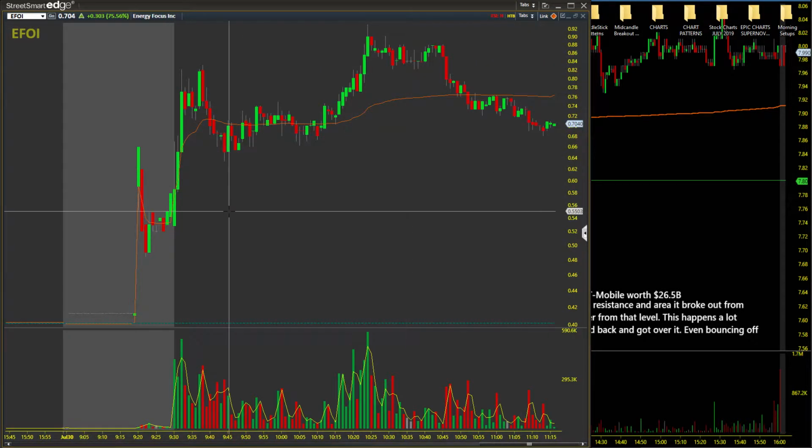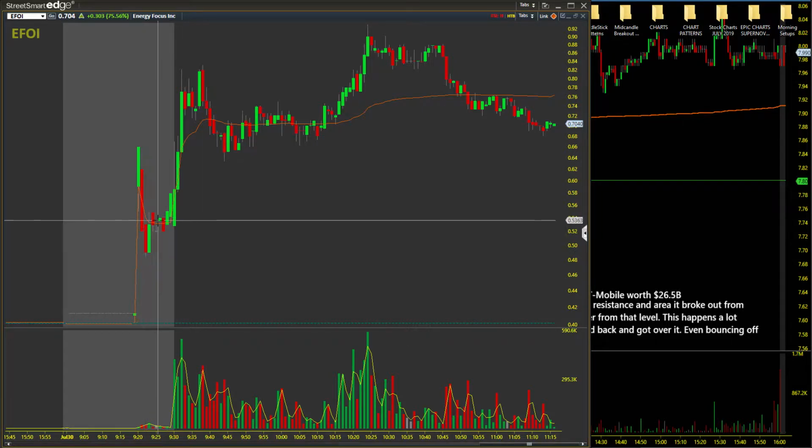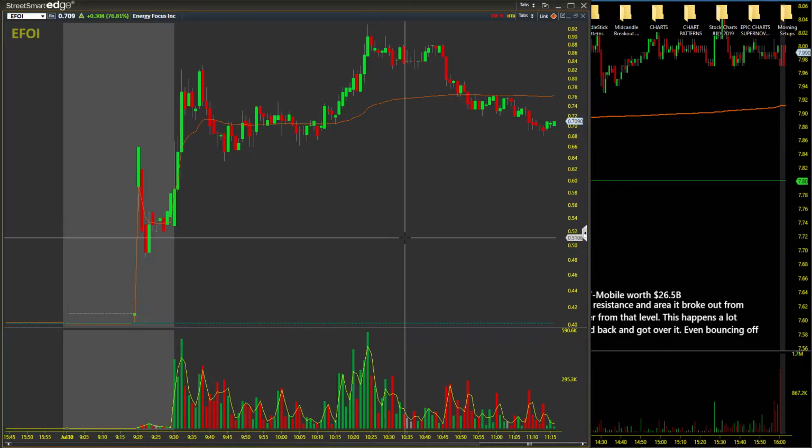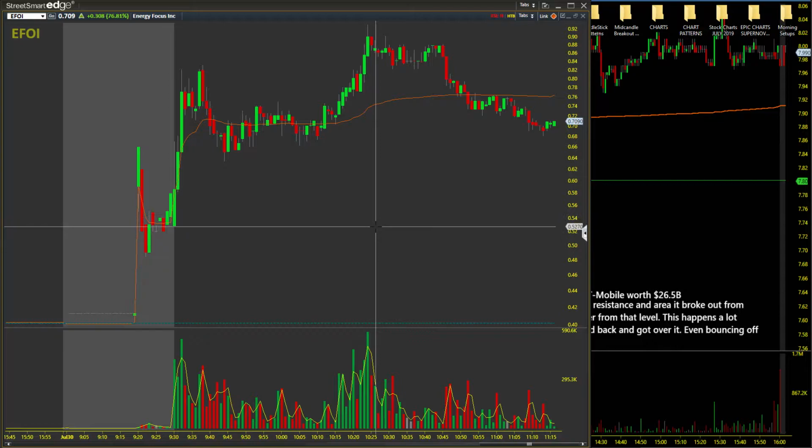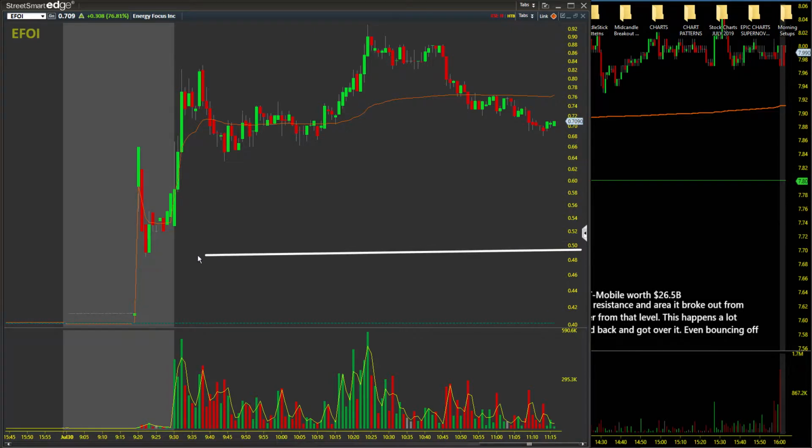Nice moves on it today, right at the open here, at this mental level, 50 cents. Even bounces perfectly. This is why I love looking at mental areas. Look at that bounce right there at that mental area, 50 cents.